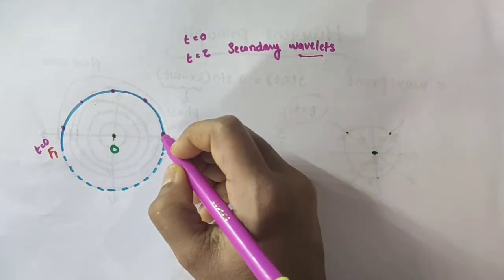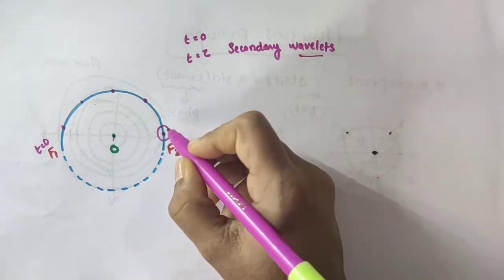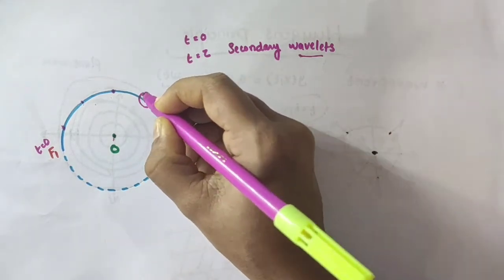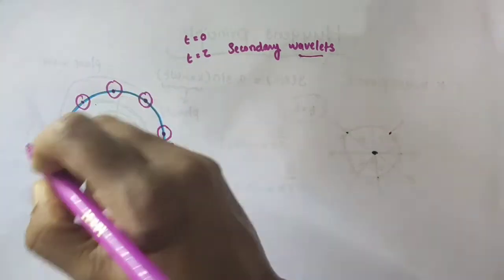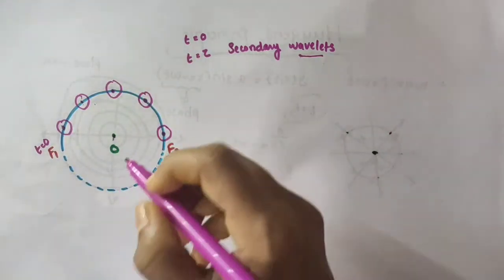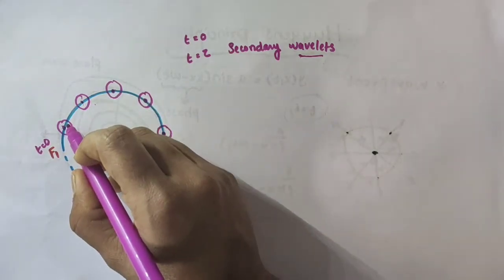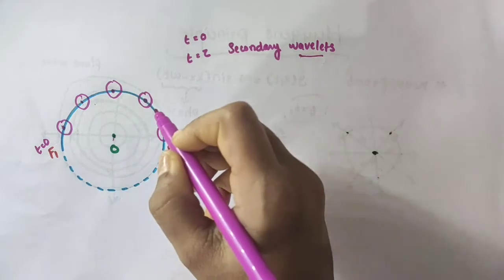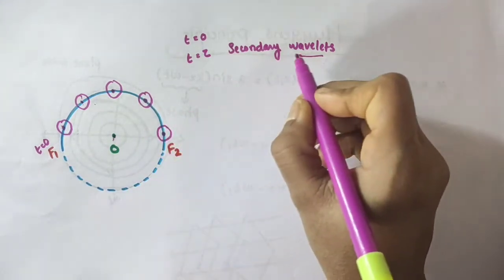This point will act as a source of another wave, so there will be another spherical wavefront produced here, like that. I mean disturbances produced here. So each point of the wavefront will act as a source of another wave, which are called wavelets.